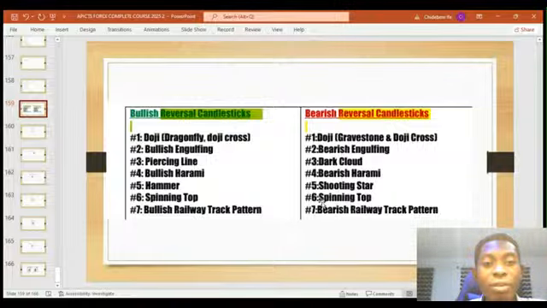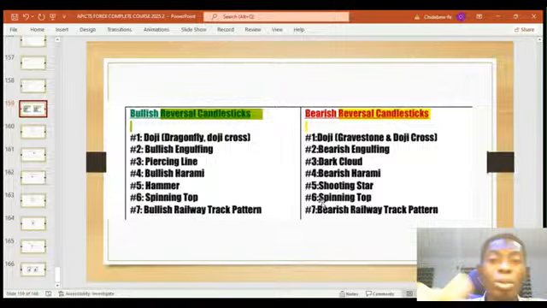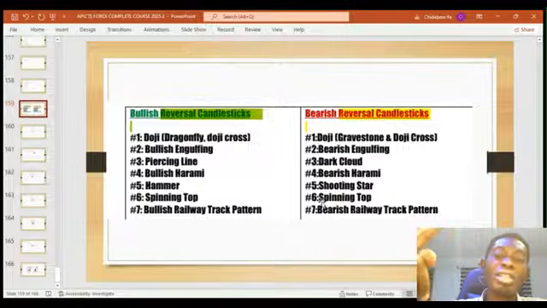But the dragonfly doji is a bullish reversal candlestick. Then the doji cross is neutral, so it is in both bullish reversal and bearish reversal candlesticks. Don't forget that, because the buy pressure and the sell pressure are the same.